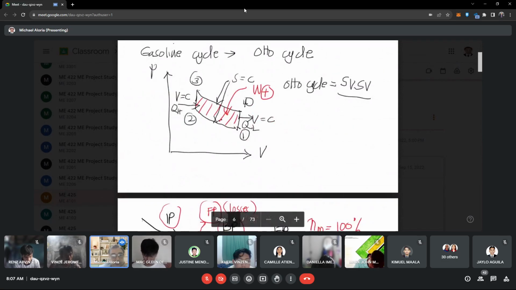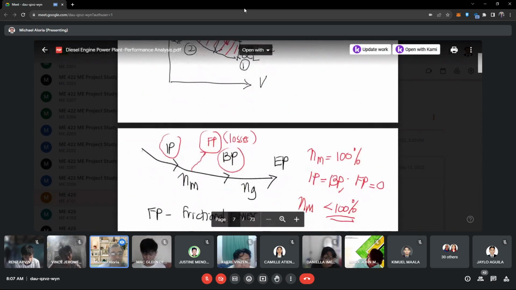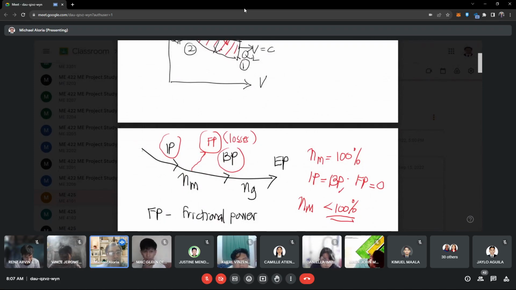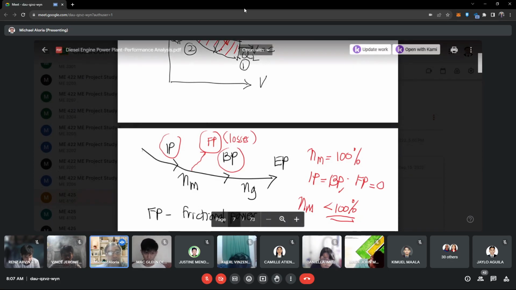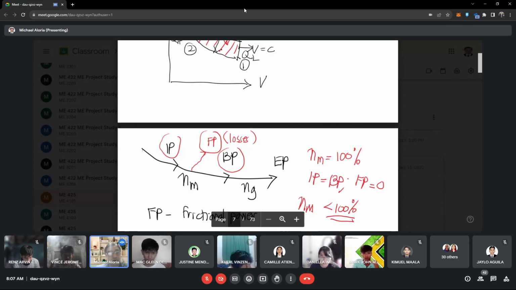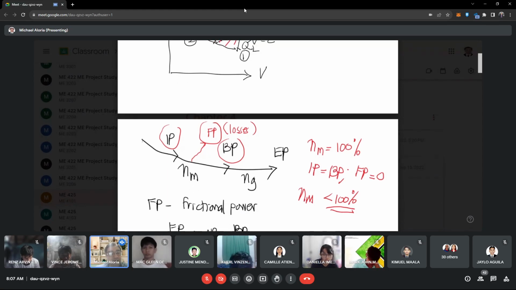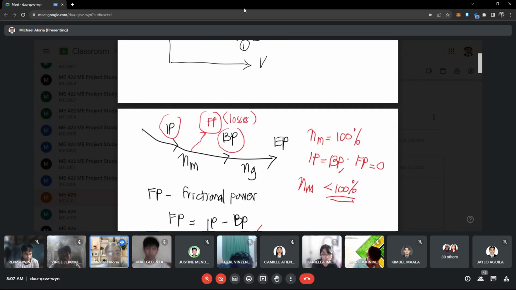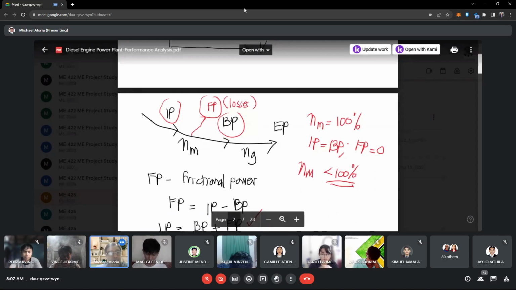So SB, SB. Okay? Now, if we are going to define your friction loss, so nakikita natin in between your IP and BP, kaya your mechanical efficiency cannot be equal to 100% because of the friction power. So this serves as our losses, no? So kung titingnan natin yung relationship natin, your friction power is basically equal to your indicated power minus brake power.